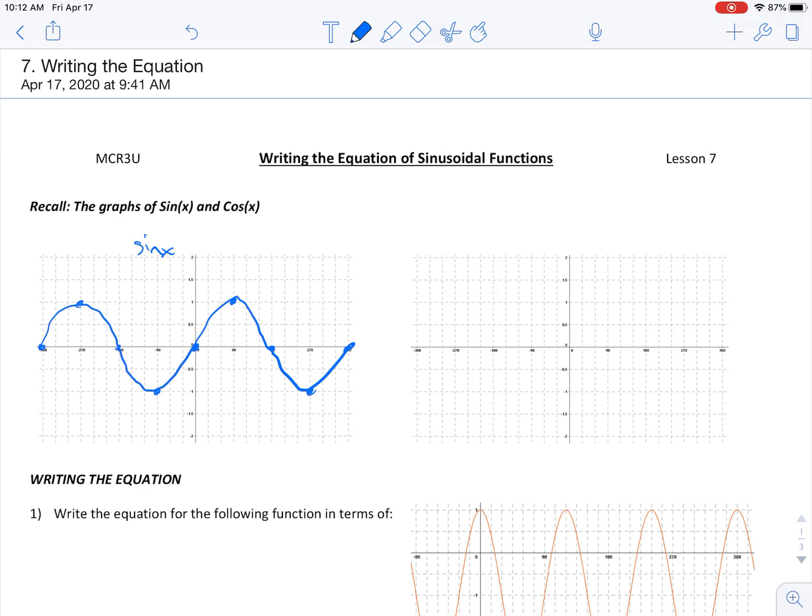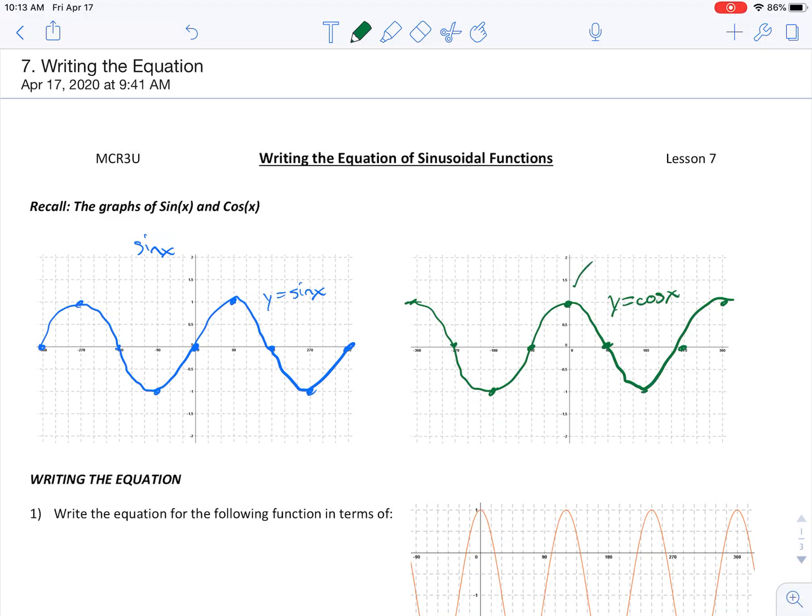If we go backwards, it looks like this every 90 degrees as long as the period hasn't been changed. So that's sine x. So cosine x, which is very similar, but starts instead at 1, goes down like that, and then if I repeat the pattern every 90 degrees, looks like this.